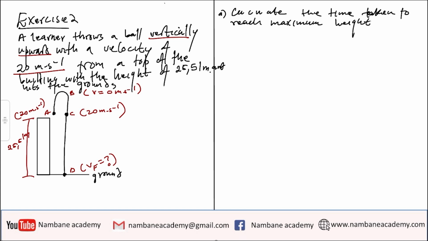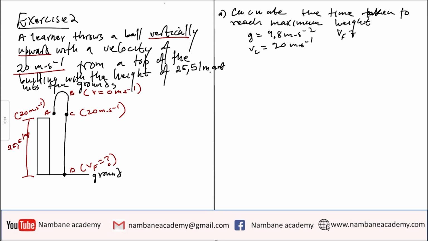Moteo, variables. G, always given 9.8 meters per second squared. What else is given? V initial, 20 meters per second. What else is given? V final. Why do we say it's given?